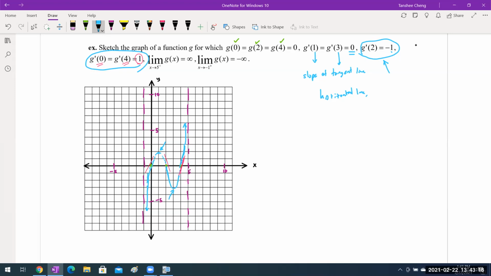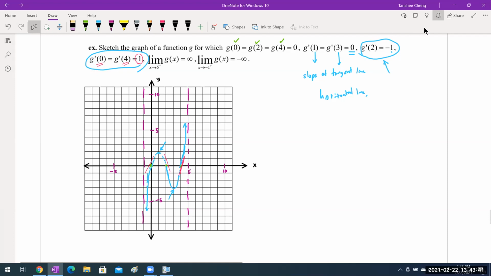Notice that I'm using the information one by one, putting in the easier one first, then trying to visualize the shape of the graph, and then checking with the rest of it. So this is using the conditions to sketch the shape of the graph of the function.